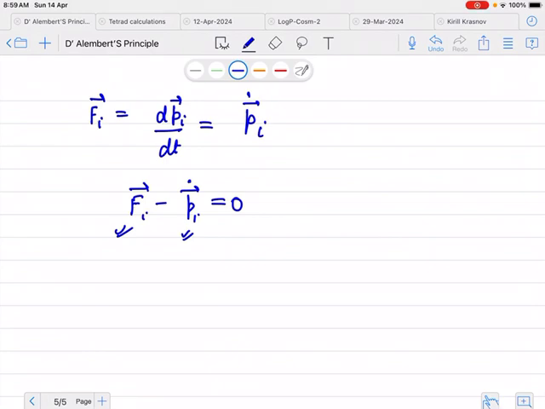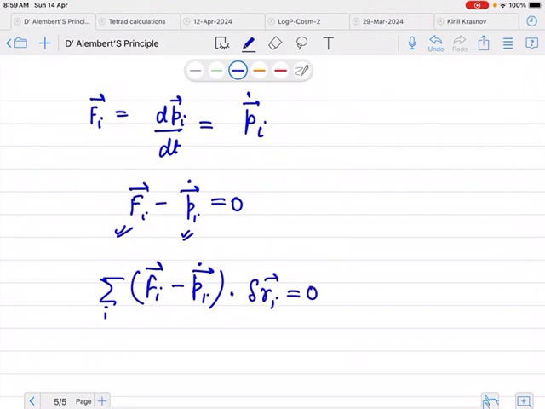So instead of 1.40, we can write down our equation as Fi minus Pi dot del Ri is equal to 0. Equation 1.44.